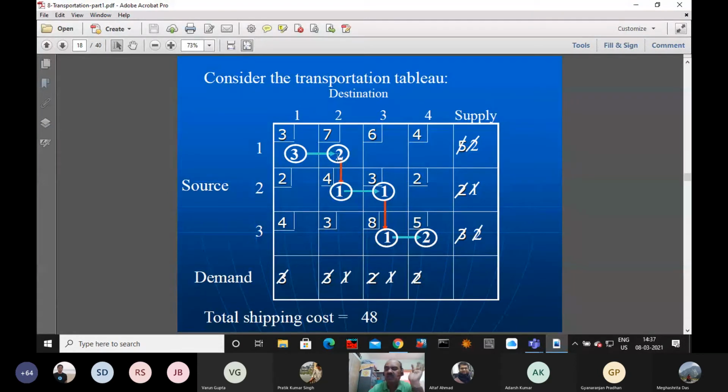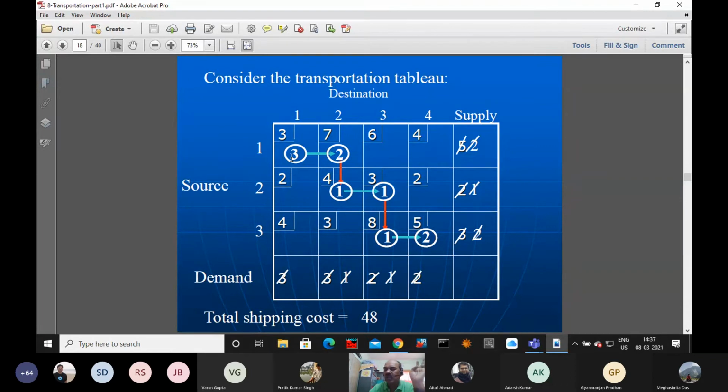Now how much can you allocate? With respect to this cell, below there are 3 units and in the same row there are 2 units. Minimum of 2 and 3 equal to 2. So we can allocate 2 units to this cell.